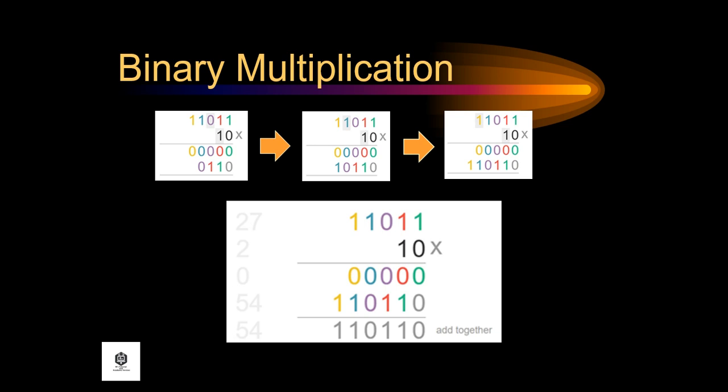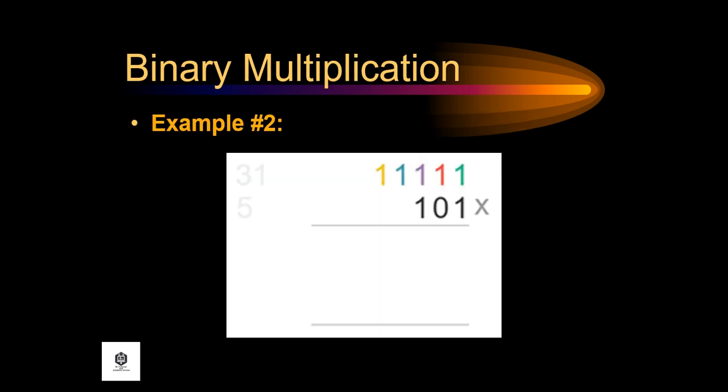Then bring down the remaining number from the last column, which is 1. So the product of 11011 times 10 is equal to 110110, or 54 in decimal.